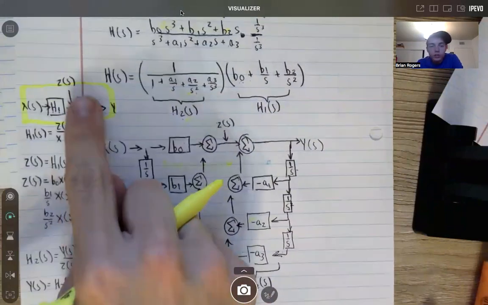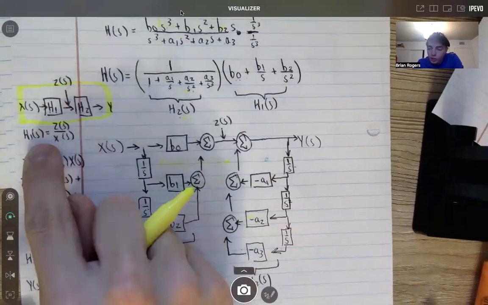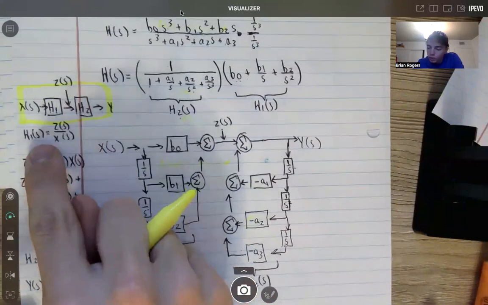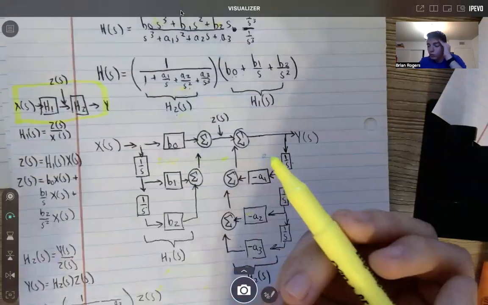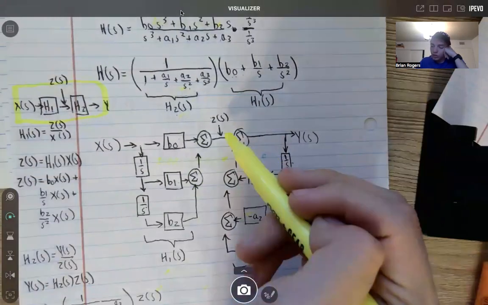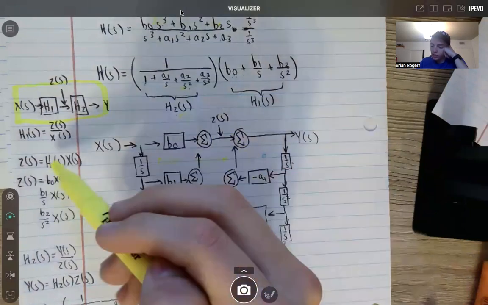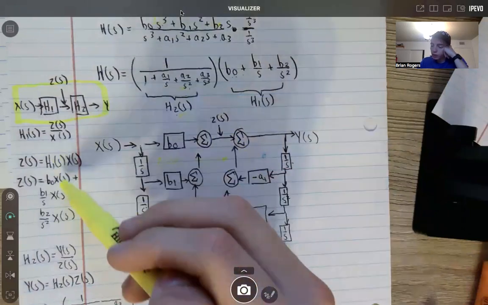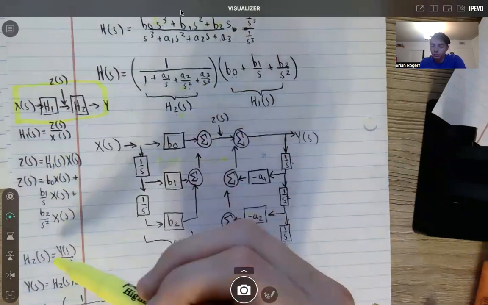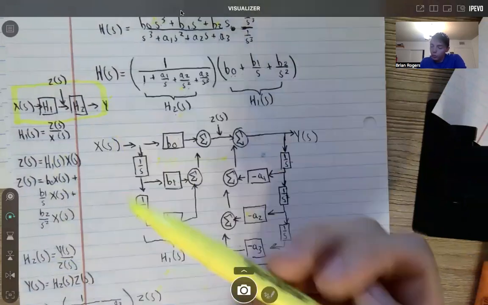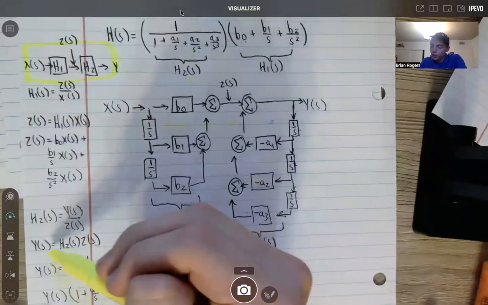The transfer function will always equal the output over the input. So output over the input, and then substitute; we need to solve for Z of s here, our output. You reconfigure it and substitute in what you know for H1 of s. To get H2 of s, you do the same thing, output over the input, and then you solve for Y of s, your output.